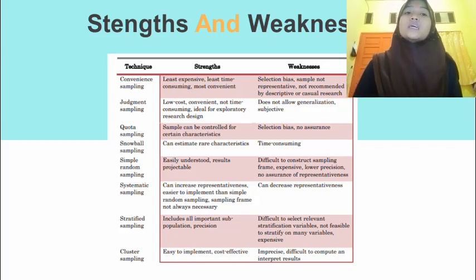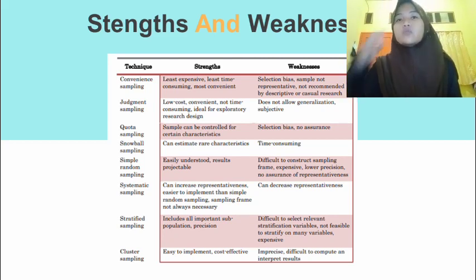But it also has weaknesses, for example selection bias, which means it's not fair. Also, the sample is not clearly representative of the whole population, and it is not recommended for descriptive or causal research, and so on and so on.